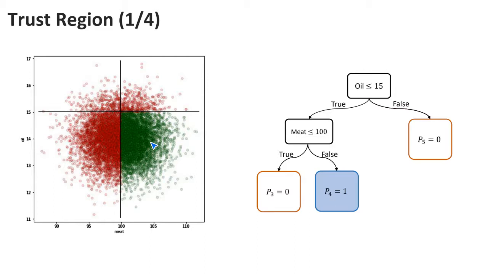So that's an ideal case where we can actually train a machine learning model like a decision tree and get a training performance equal to 1, so the best score. And my feasible space is described by these 2 constraints. The oil has to be less than 15 and the meat has to be greater than 100. Okay, so that's what my tree is telling me.